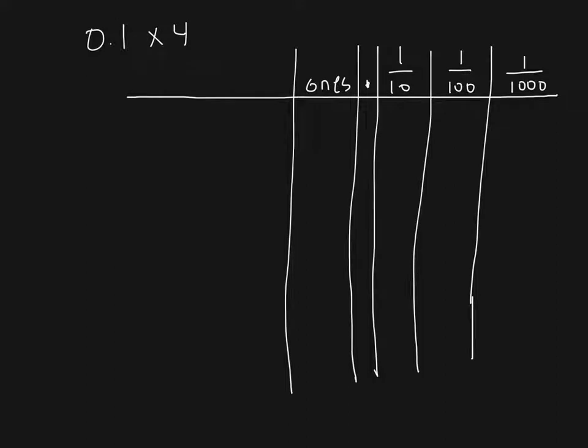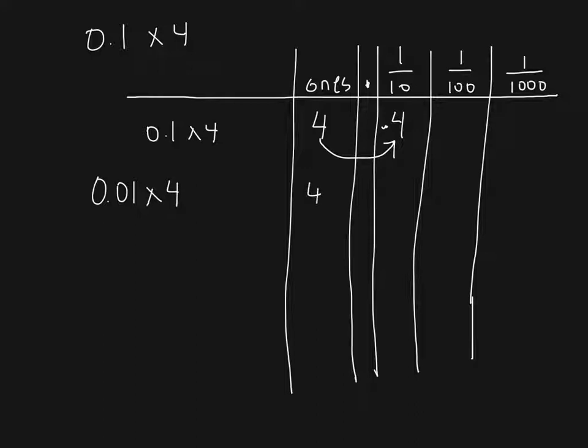Okay, let's expand on that problem a little bit, and I'm going to go back and review. 1/10 times 4 means that our 4 is going to move 1 place to the right, and it will become 4/10. But let's say that I wanted to figure out what 1/100th of 4 is.